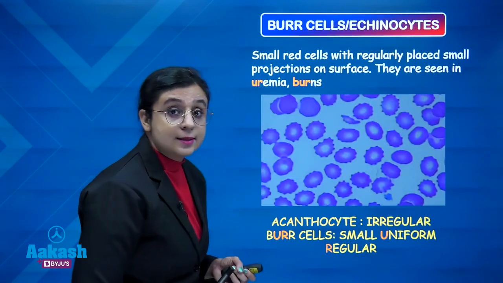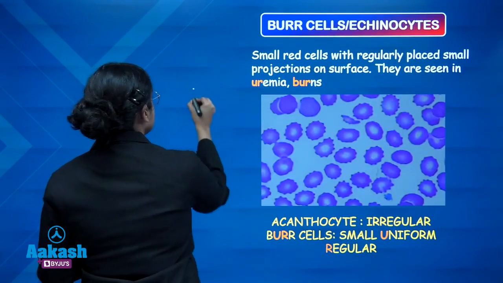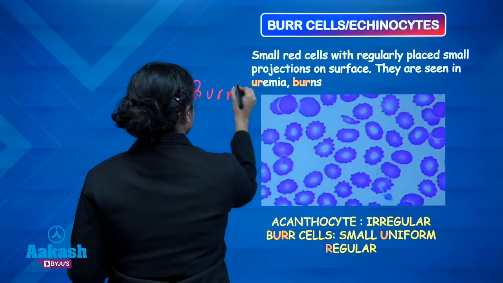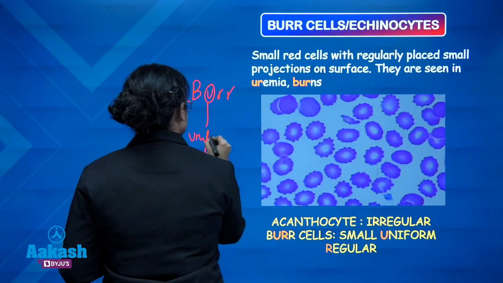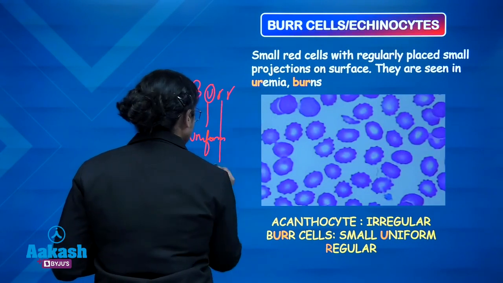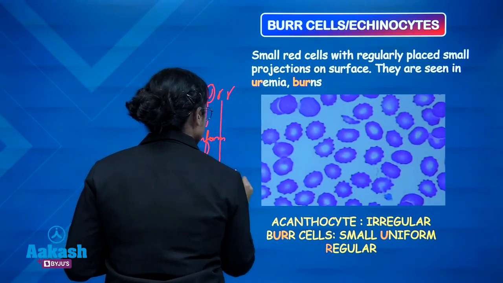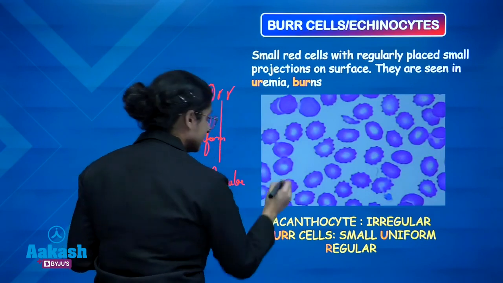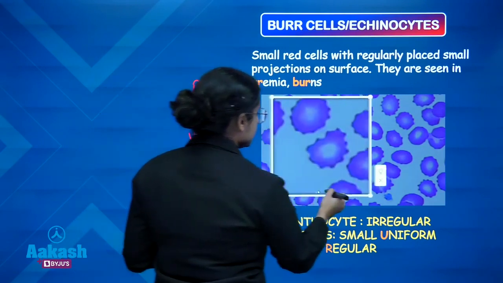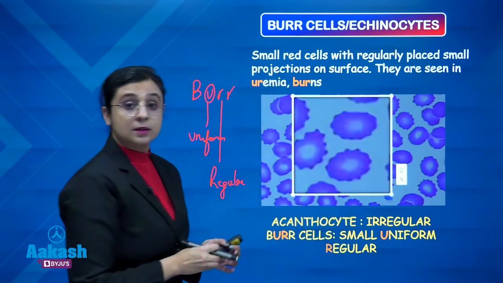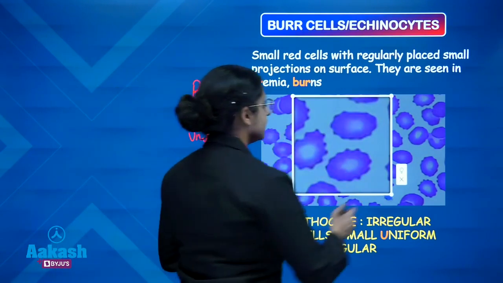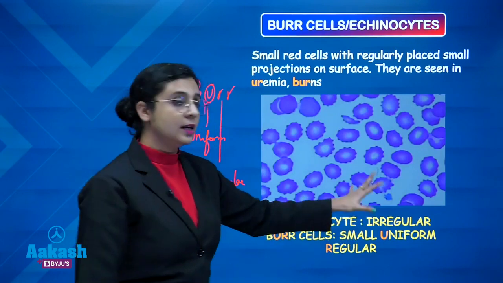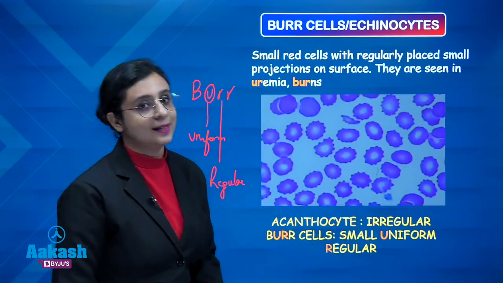Next is Burr cells. Now very simple mnemonic, students. Burr cells, easy to remember. Yes, uniform and regular projections on the surface. So you can see, let me zoom the image. You can see these are uniform and regularly spaced projections on the surface of the RBCs, unlike the acanthocytes where the projections were irregular, placed at irregular intervals.